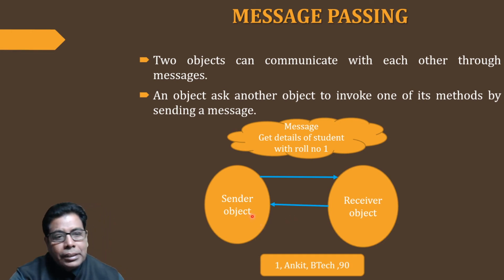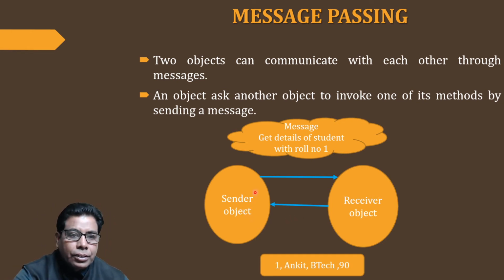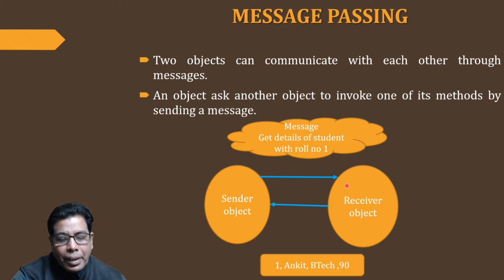For example, here the sender will send a message to the receiver to invoke its method. So here the message is get details of student roll number 1. So the parameter passed here is roll number 1.